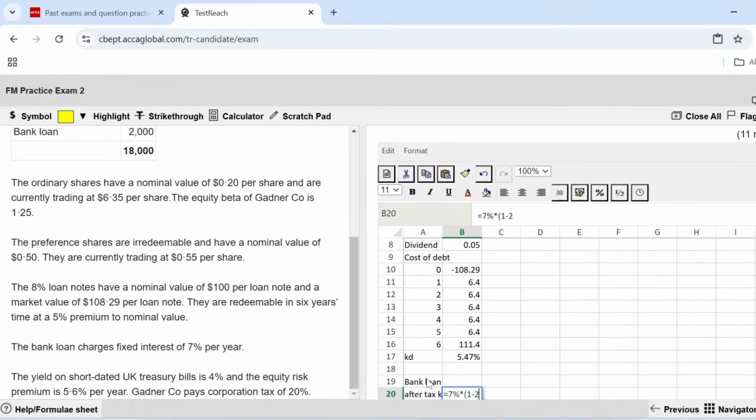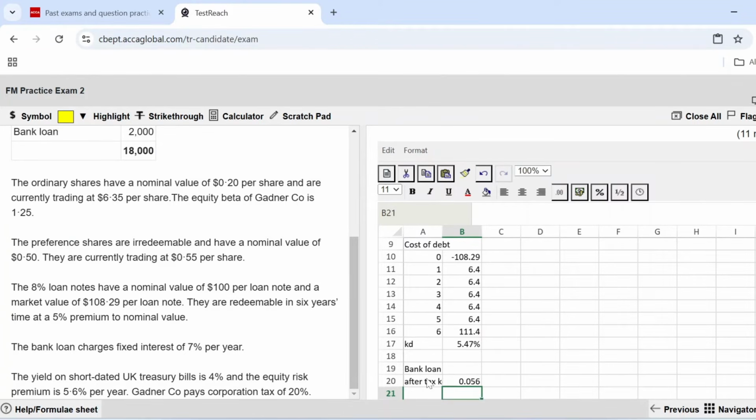So 1 minus 20%, which is the tax rate. So you hit enter and you will find out that this is going to be the cost of capital which the business will effectively pay because of having this bank loan.